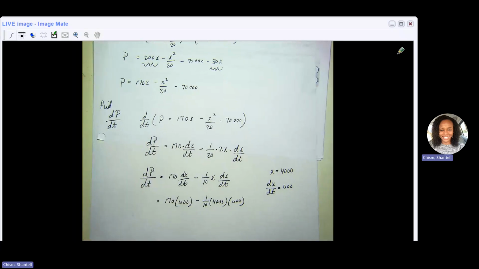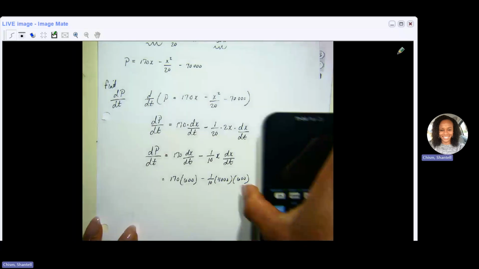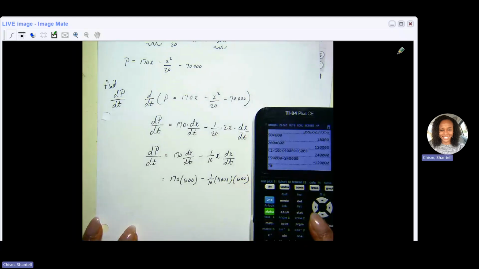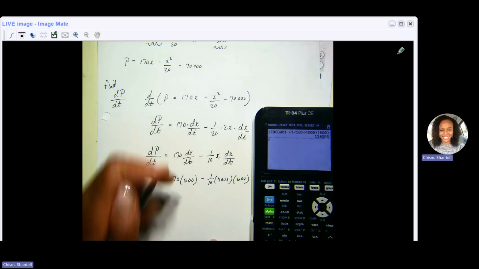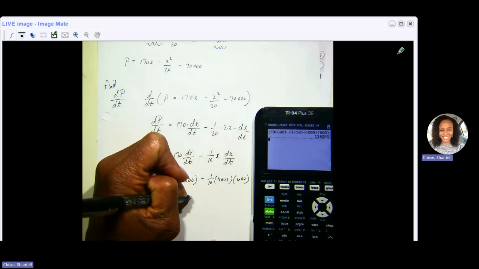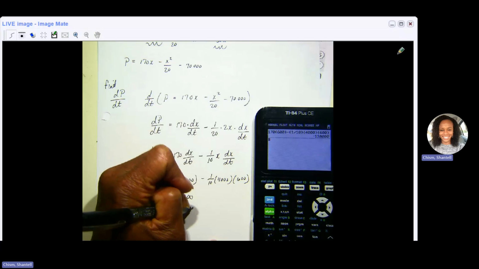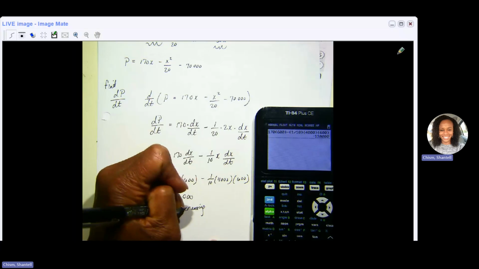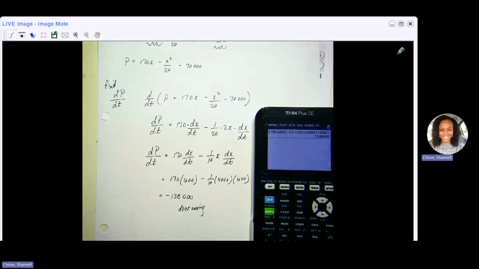Putting that all in. Let's see what we get. 170 times 600 minus 1/10 times 4,000 times 600. That gives us a negative 138,000. So it is decreasing. So profits are decreasing. And that makes sense because the revenue is decreasing.